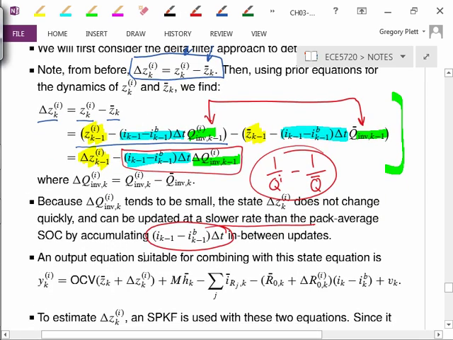An output equation for this particular cell that is suitable for combining with this state equation says, well, the voltage of this cell is equal to the open circuit voltage of the SOC of this cell, which is the pack average SOC plus the delta SOC, plus the hysteresis. Here we're assuming pack average hysteresis is close enough for this cell, minus the diffusion.